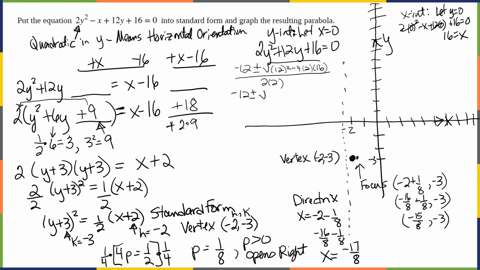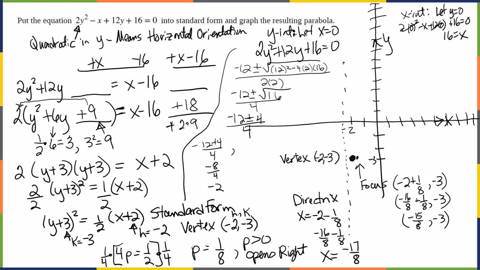This turns out to be, the 12 squared minus 4 times 2 times 16 turns out to be a value of 16. And the square root of 16 is 4. So then we have two things to work. We have negative 12 plus 4 over 4, which is negative 8 over 4, which is negative 2.